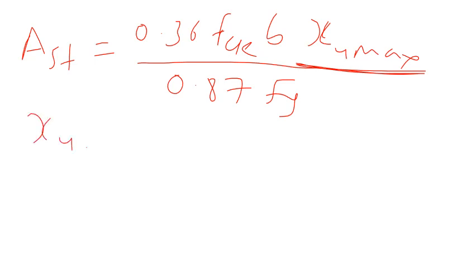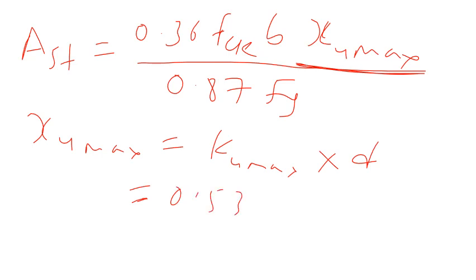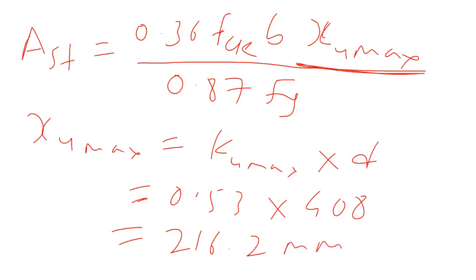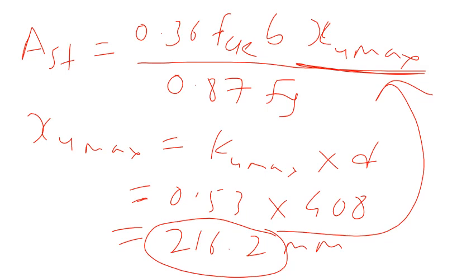Already we have given the formula, right? XU max will be equal to KU max into D. KU max we have already found out, that is 0.53, into D is 408. So XU max will come to 216.2 millimeter.